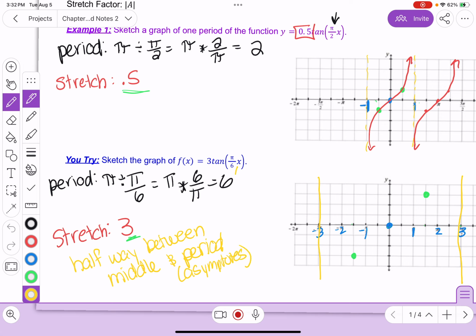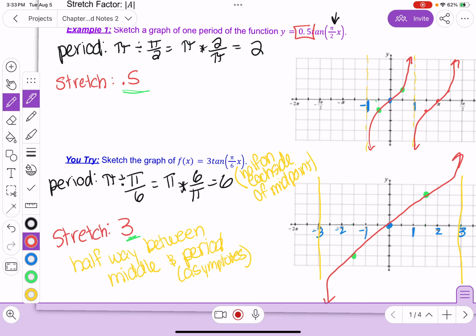And then your period is half on each side of the midpoint. Then you just go up the asymptote, connect those 3 points, and go up again. When it's really wide, it's hard to draw.